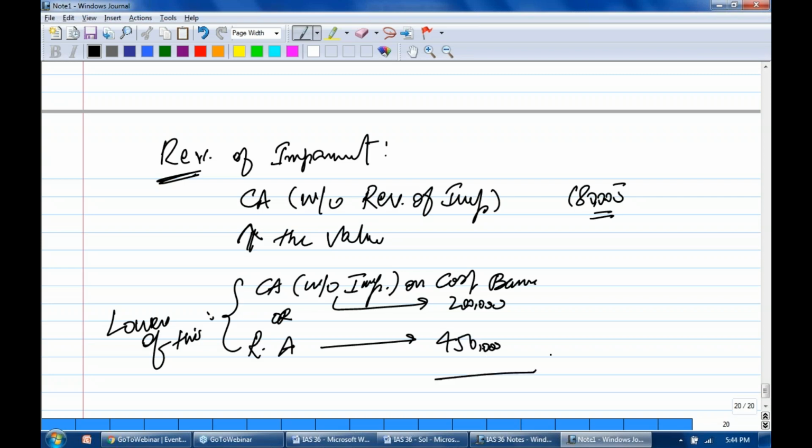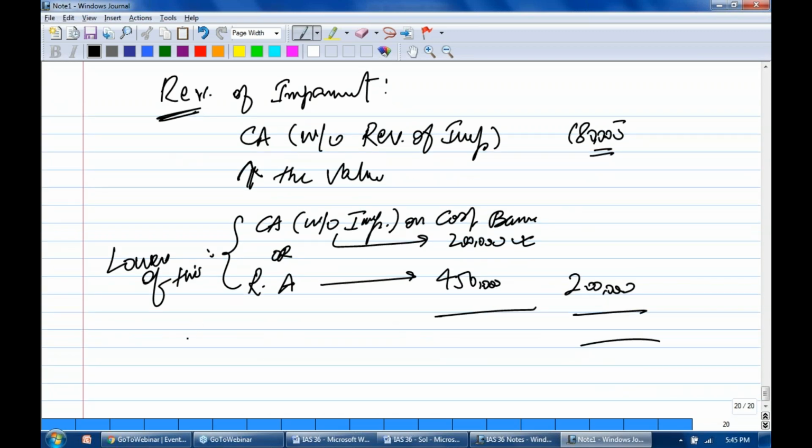That's given. So we pick the lower of these, 200,000. And we will say that the reversal of impairment is 20,000.